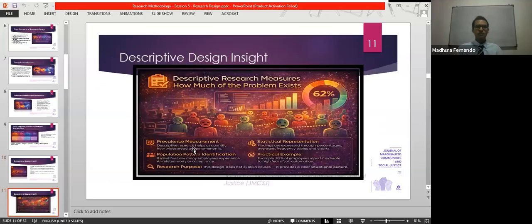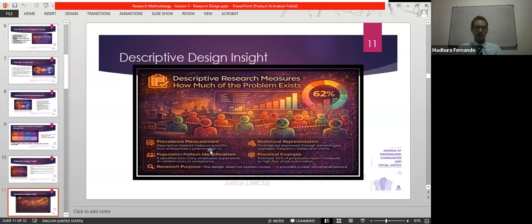When it comes to descriptive design insight, now you have already found the levels of feeling, the types and nature of feelings and their causes. So now you have a certain base to measure these feelings. Now you can check the prevalence measurements. What do you mean by prevalence?